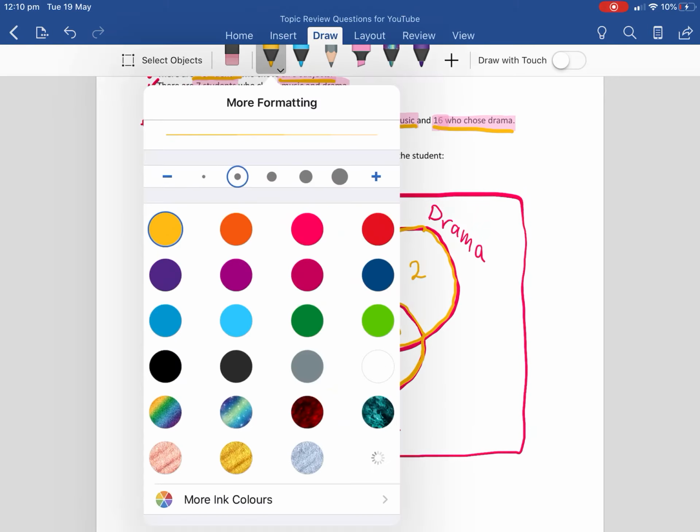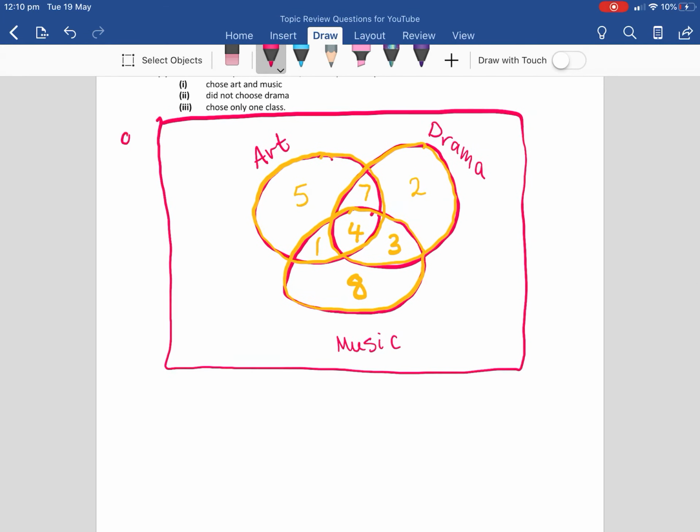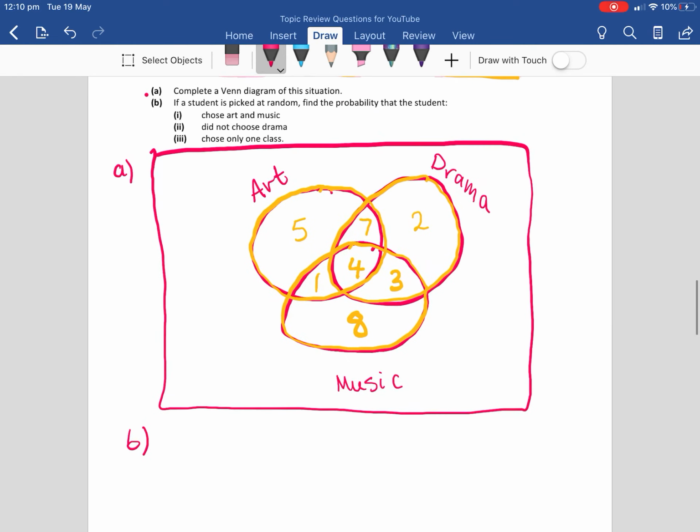So we've done A, B, I'll pop that in pink. This is A, B. It says, if a student is picked at random, find the probability that the student chose art and music.